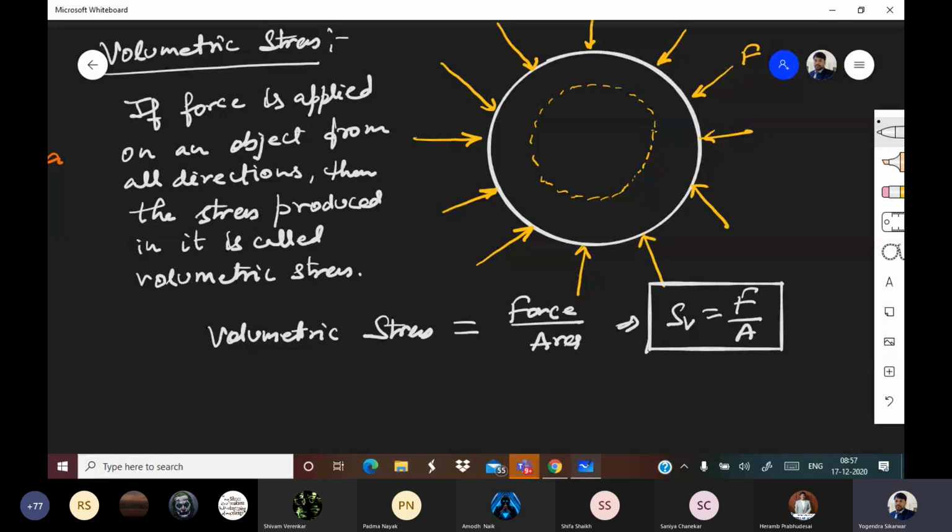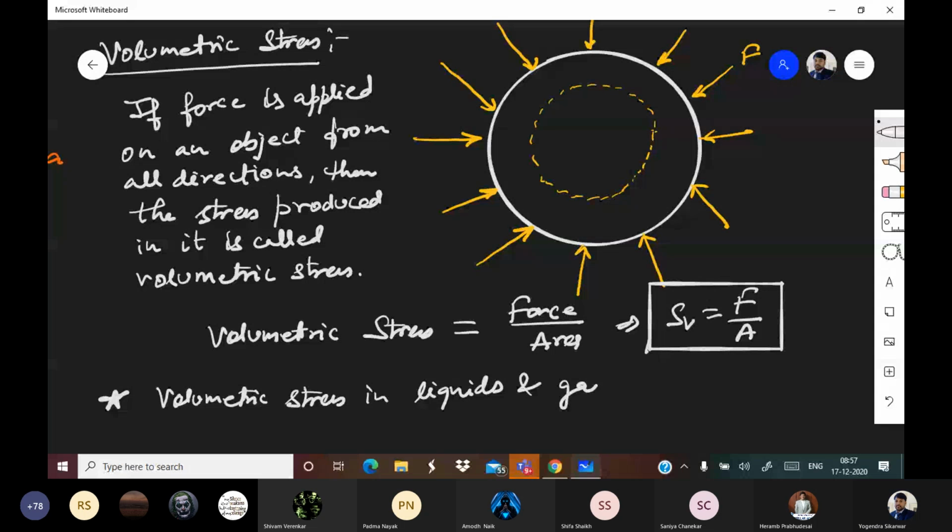All right. Now also note that star point which I told you. Volumetric stress in liquids and gases becomes, or is called, pressure.